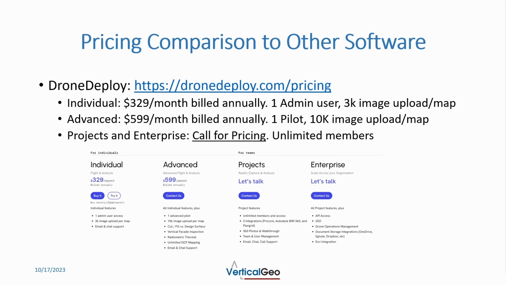It includes those same capabilities. And when we started it, it was $99 a month. You can see now even the advanced version is $600 a month, and the enterprise and projects version is so expensive they don't even quote the price on the website. You have to contact them to find out what the pricing is. It was just too costly for us.